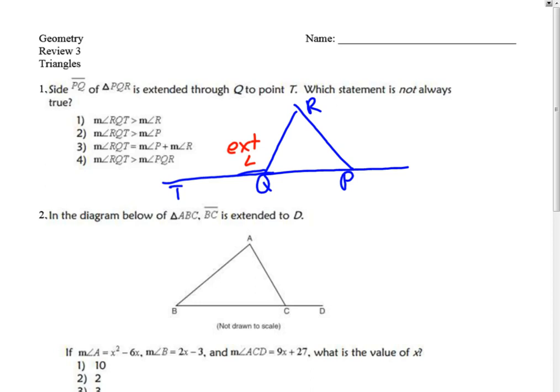And the relationship that we want to understand in this particular question is that this angle up here and this angle, if we add those two angles together, they should be equal to the exterior angle. So the measure of angle TQR equals the measure of angle R plus the measure of angle P. Okay.